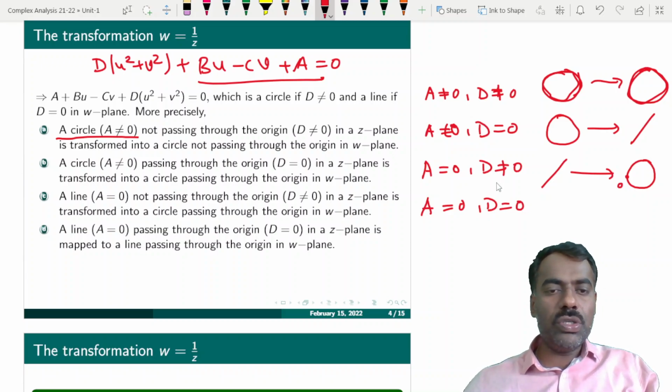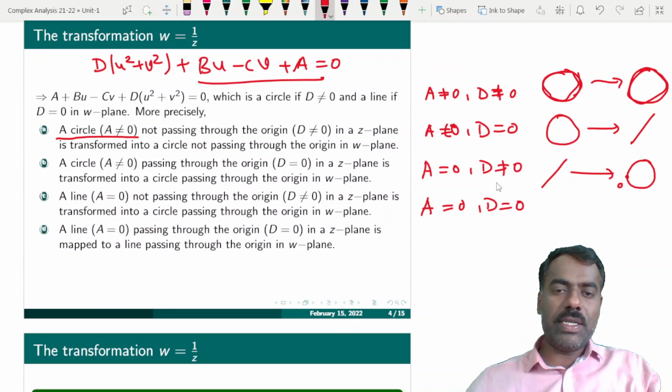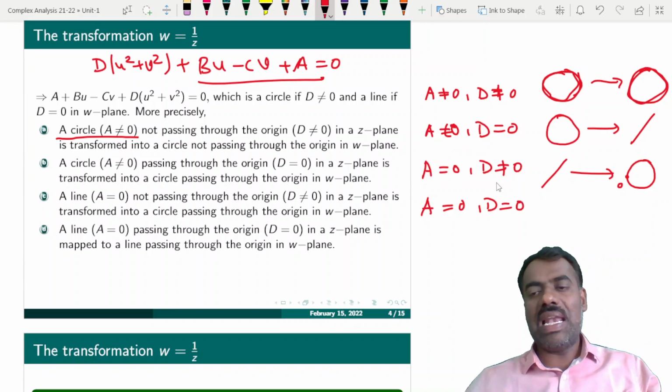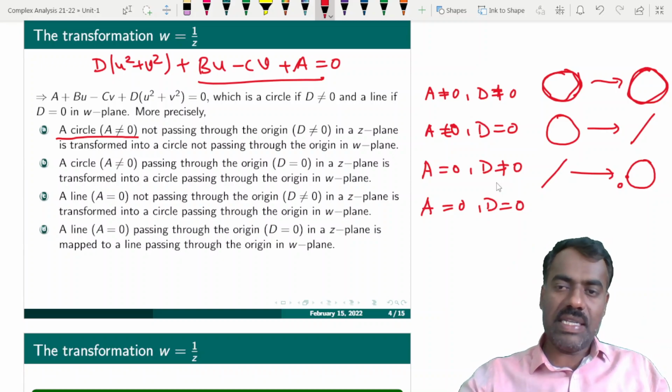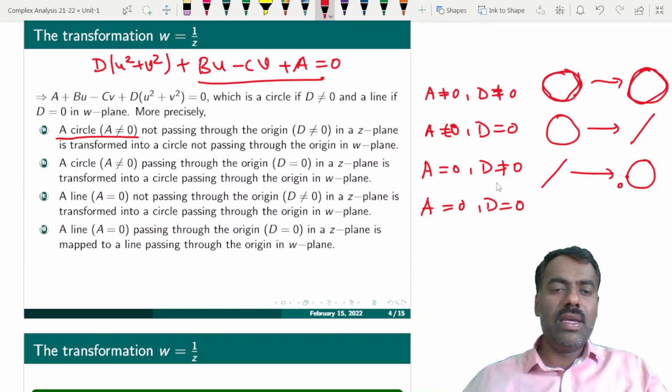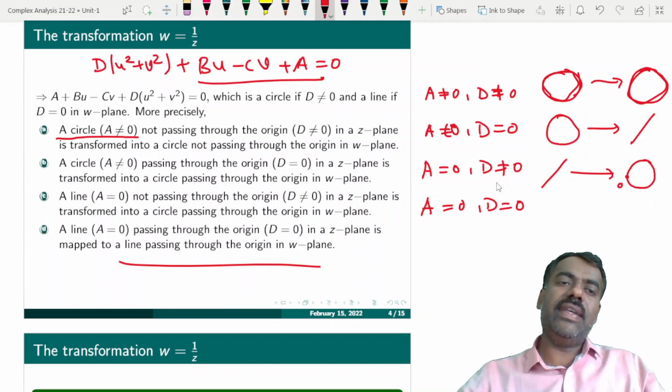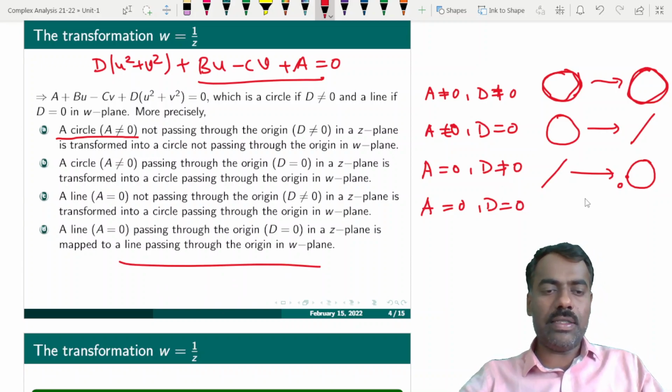Similarly, if a is equal to 0 and d is equal to 0, a is equal to 0 means we have a line, and d is equal to 0 means here also we have a line. So a line passing through the origin maps to a line passing through the origin, in the z plane as well as in the w plane. These things we have written here clearly, one can go through it.